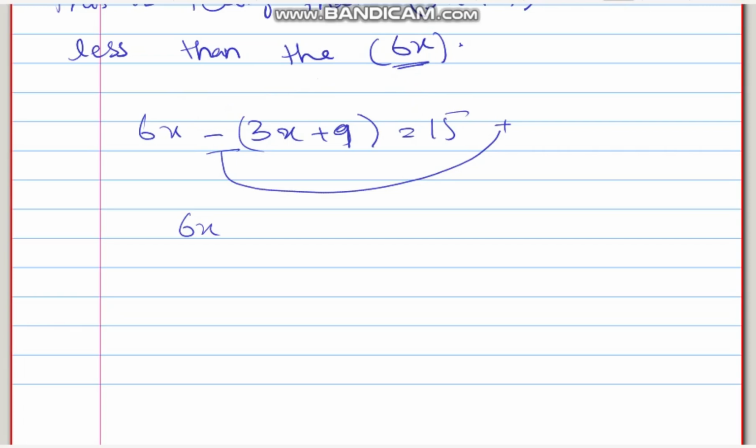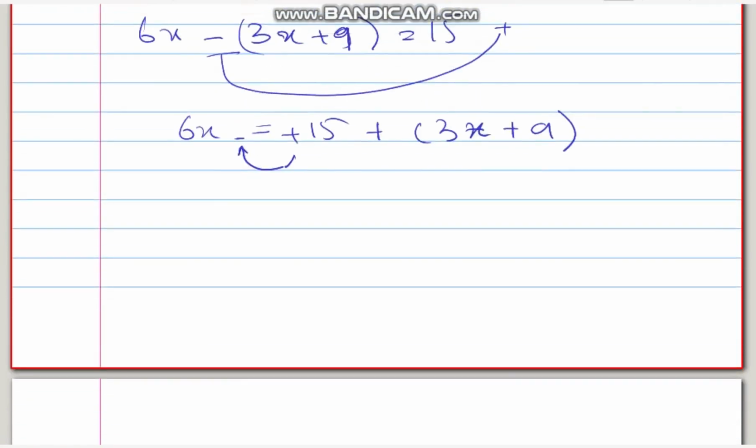So this will become 6x is equal to 15 plus 3x plus 9, and this 15 is plus and it will go here and become minus. So please change the sign if you transfer a number from one side to another.